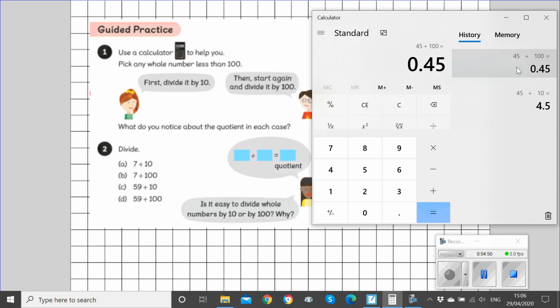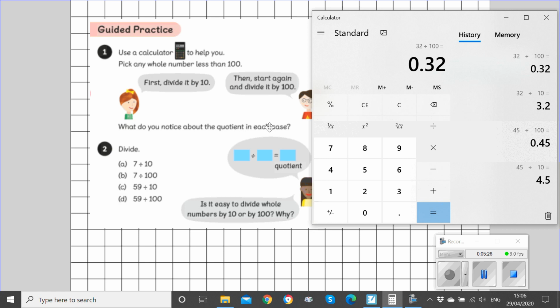What do you notice? Let's try another one. I'm going to choose 32. Divide it by 10, and 32 becomes 3.2. Clear it. Now I'll divide it by 100. It becomes 0.32. Have a go yourself on a calculator. Do as many as you like and see what you notice.